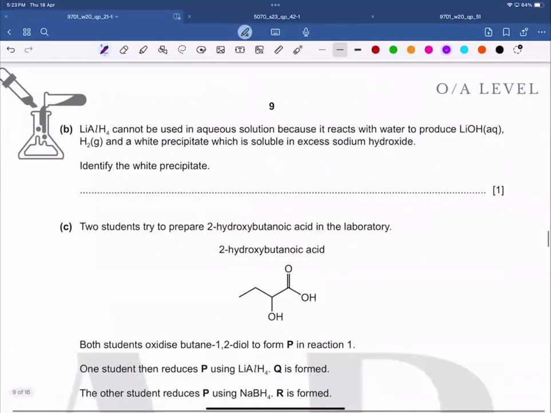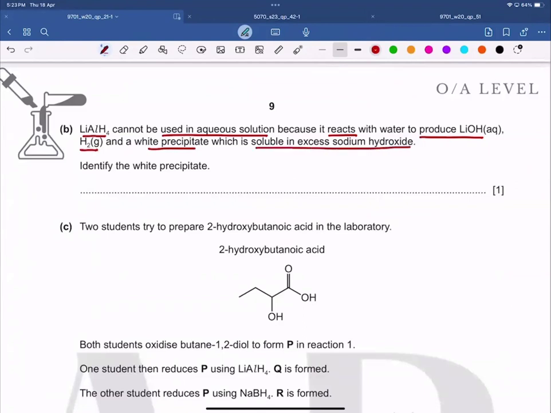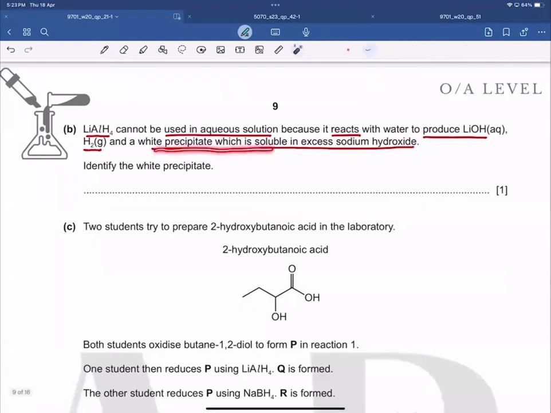Now, next part. LiAlH4 cannot be used in aqueous solution because it reacts with water to produce LiOH, hydrogen gas, and white precipitates, which are soluble in excess sodium hydroxide. So now see, this is a very important thing. White precipitates, which are soluble in excess sodium hydroxide.